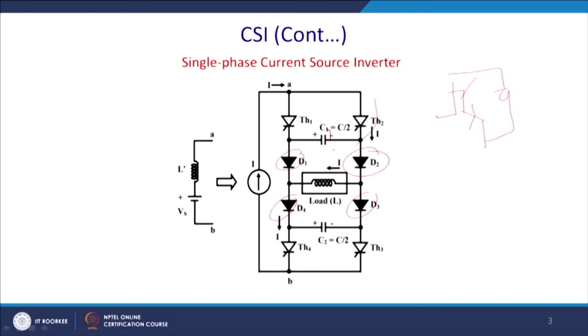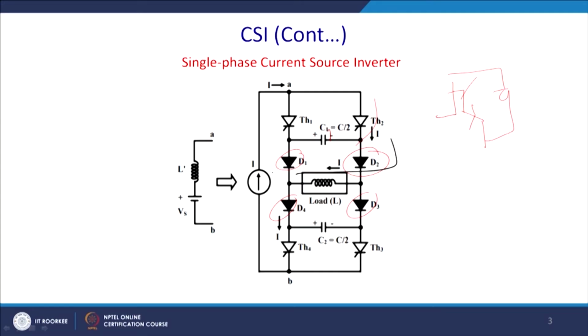You turn on this thyristor, and automatically there is auxiliary commutation, which you have studied in your power electronic circuits. Once you turn on, the current will go through because of this capacitor and transfer to TH2 unless a trigger is given. So, this will be the value of the current.